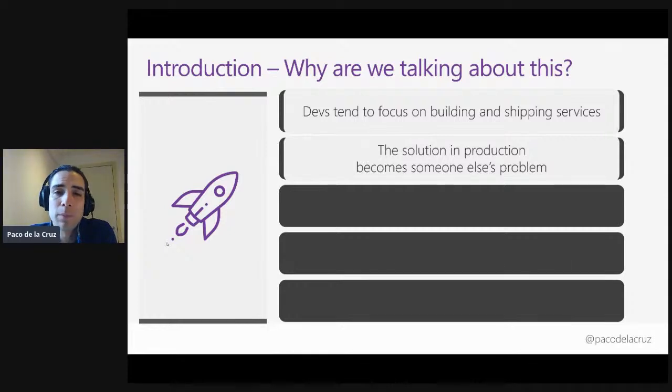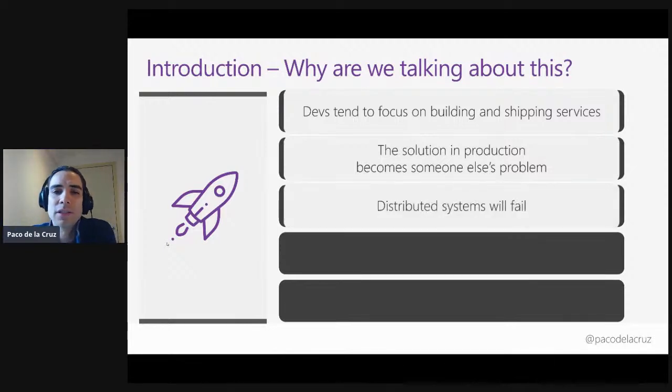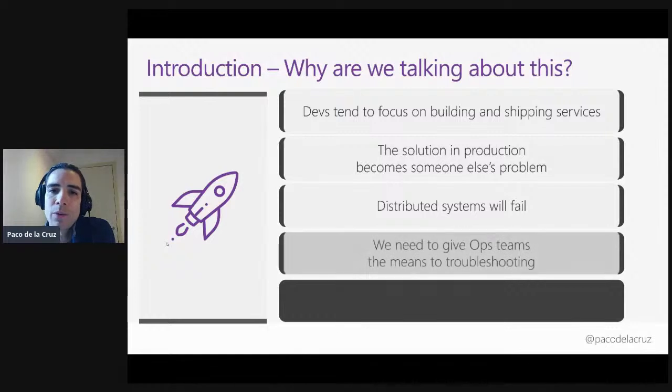And when we deploy the solution to production, then this becomes someone else's problem. However, if we think about distributed systems, where we have multiple components that are part of our solution, we need to be aware that these will eventually fail because of network issues or because one service is down or multiple services are down, right? So we need to give our operations team the means to troubleshoot this solution.